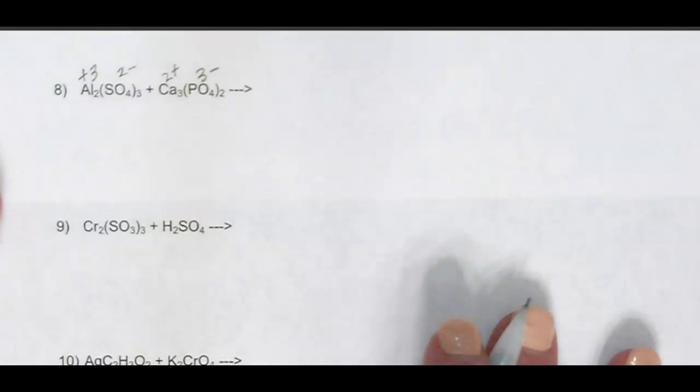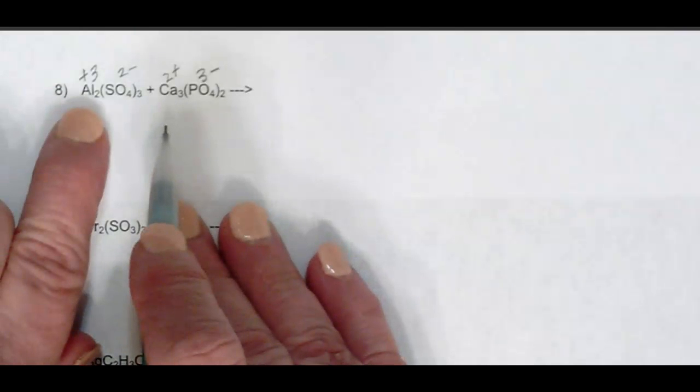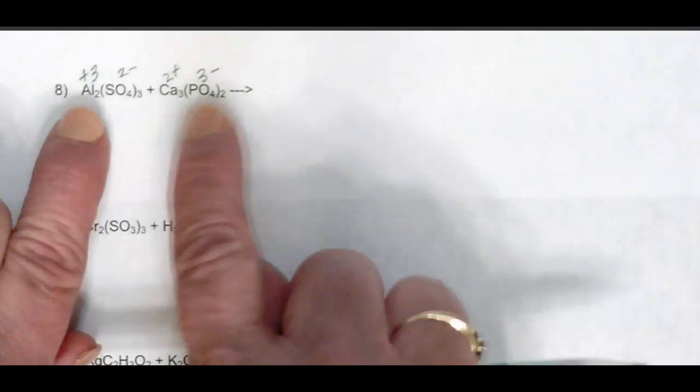Okay, so I've got my symbols written on there. The next thing that I am going to do is go ahead and do our switcheroo. So my positive cation will attach to my negative.